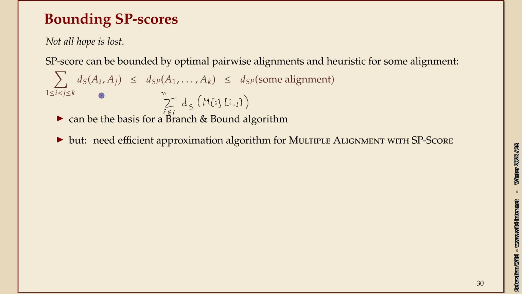And so there's some hope that you can approximate this and use it in a branch and bound algorithm for finding shortest paths. Again, remember this k-dimensional edit distance graph. If you somehow have a way to prune off entire branches of the graph, then you're in good shape.